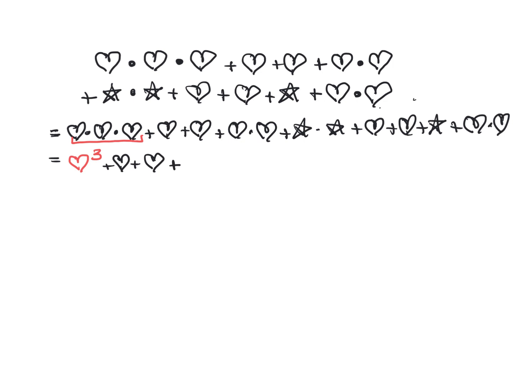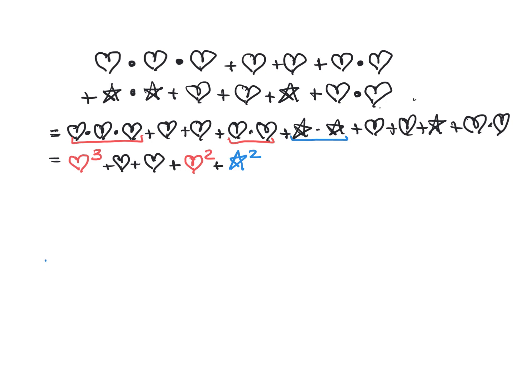And in the next one, I have 2 hearts multiplied together. So that's the same thing as heart squared. And then in the next term, I have 2 stars multiplied together. So when I have 2 stars multiplied together, 2 of anything multiplied together is that thing squared.